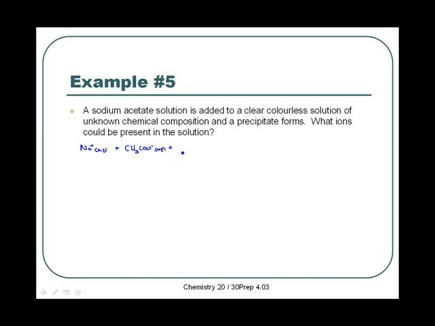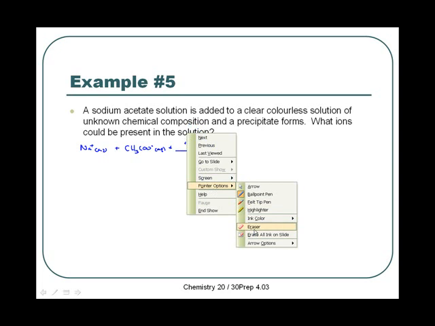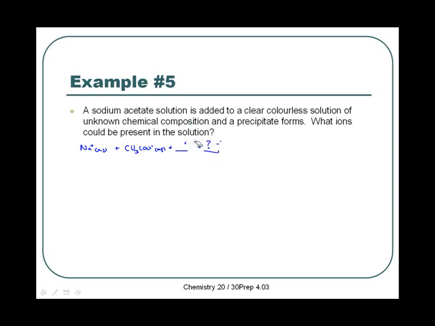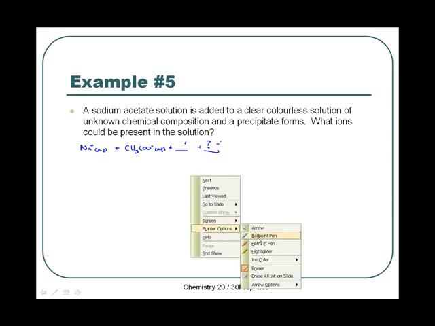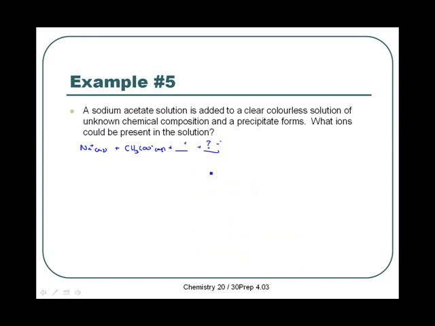Now we're adding it to a solution with some unknown ions. There's going to be a positive ion in there, and there's going to be a negative ion in there as well. Maybe we should put the question marks over the blanks since we're trying to figure out what's in that solution. So there's going to be a positive ion, we don't know what it is.